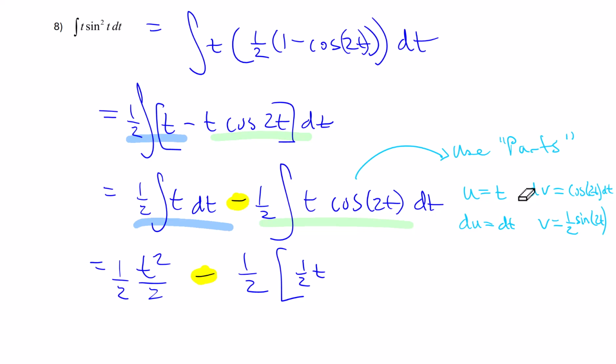So that would be t times 1/2 sine of 2t, just multiplying those values together. So there's uv minus the integral of v du. Well, that would be then 1/2 sine of 2t, there's the v part, and then du, which is just dt.